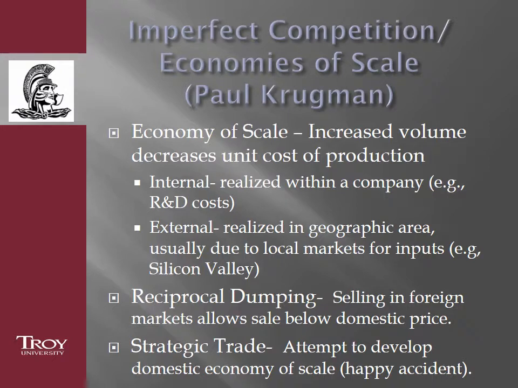So what's the point of all this? Well, the idea is that it's more efficient for there to be fewer companies producing things. Jet aircraft is a great example of an industry where the R&D costs kind of force the competition away, and we're down to two major producers of large commercial aircraft. And so you can have these internal ones, or you can have external ones, these geographic concentrations.